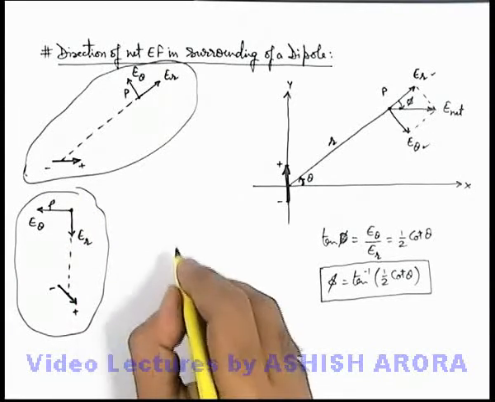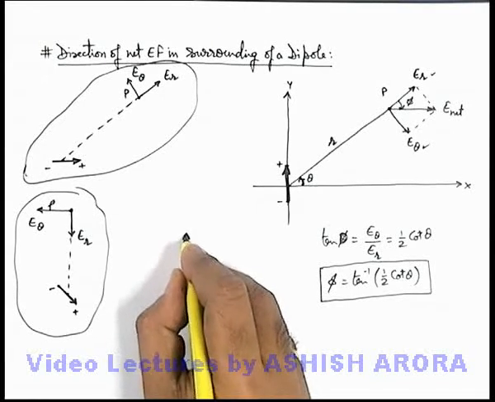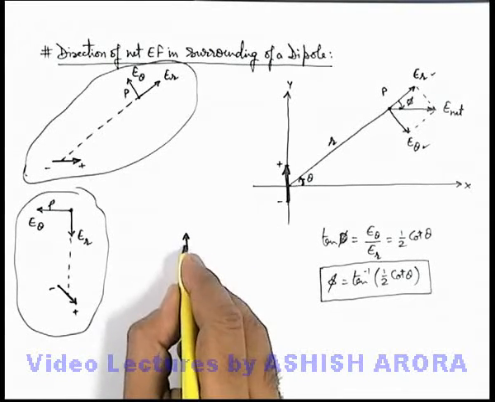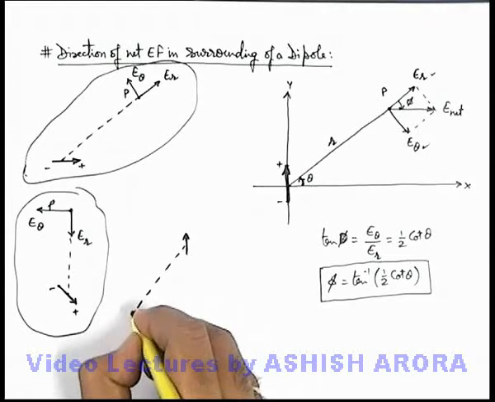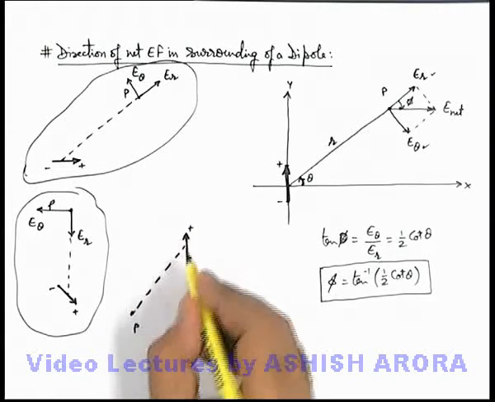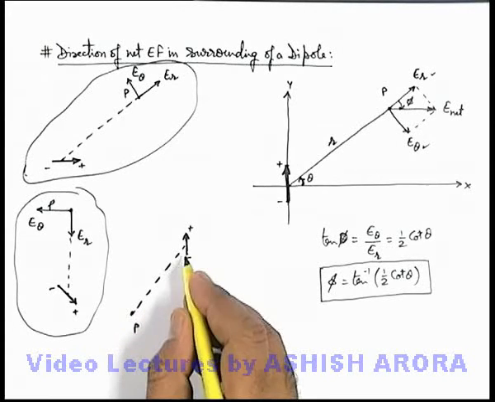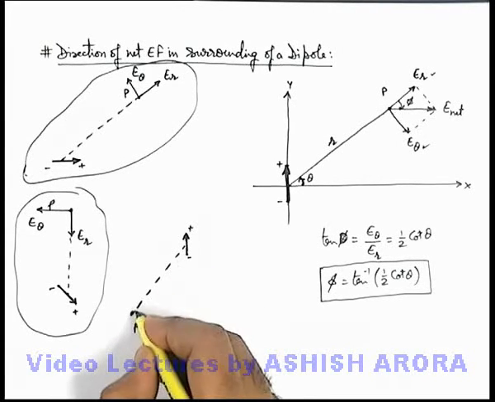We can have another example, say we are given a dipole in a vertical alignment and we are required to find the electric field at this point P. Then we can see out of the positive and negative ends which end is closer to point P. Here you can see that the negative end is closer.